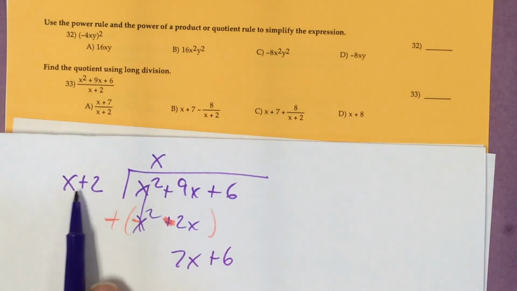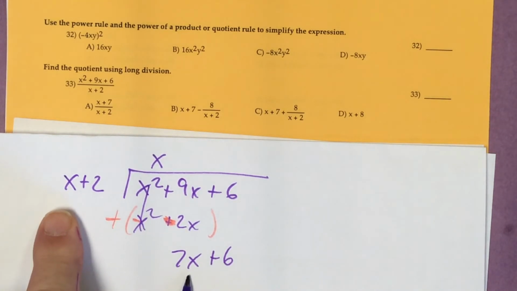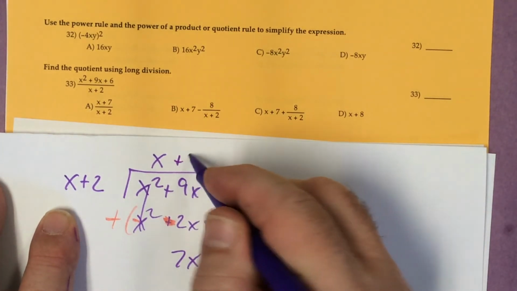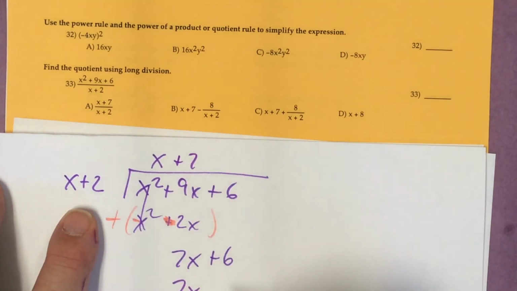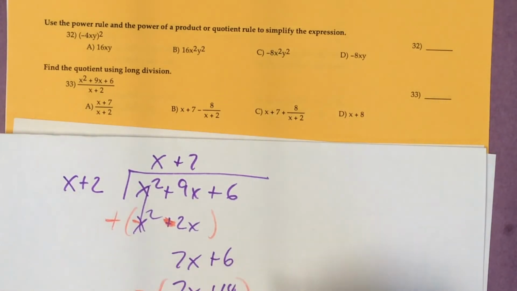Now I have x plus 2. I want to figure out how I'm going to get rid of 7x. So what do I have to multiply x by to get 7x? I'm going to multiply it by plus 7. 7 times x will give me 7x. 7 times 2 will give me 14. But remember, I have to subtract this quantity, and in subtracting it, I'm going to change the sign of what's in here to combine.